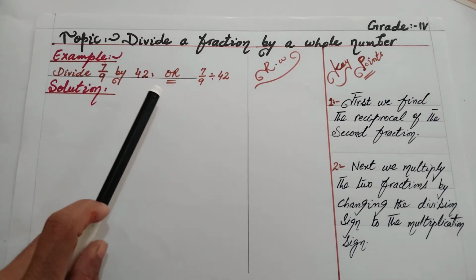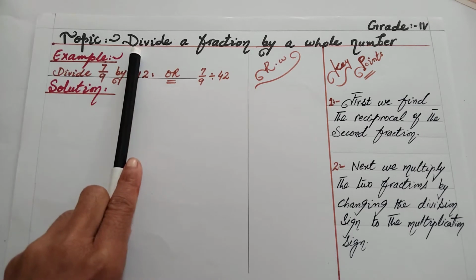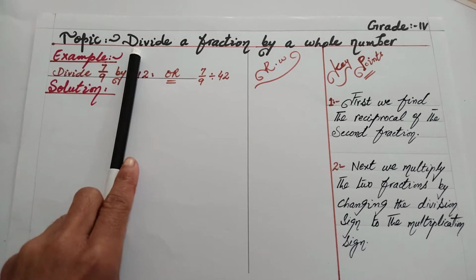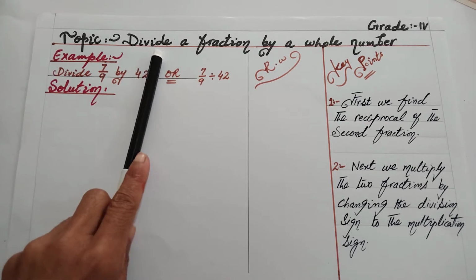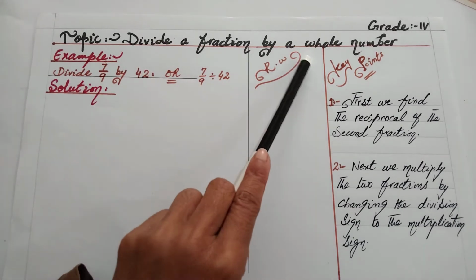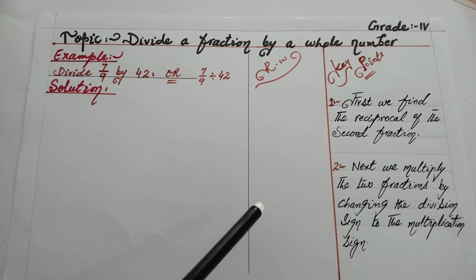As we are going to start the topic division of a fraction, there are different subtopics of the division of the fraction. So today we are just going to start divide a fraction by a whole number. Whenever we divide any fraction, it's totally the same as multiplying the first one by the reciprocal of the second one.